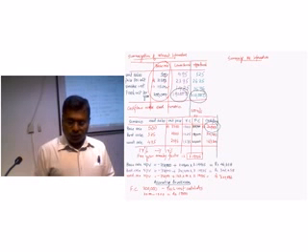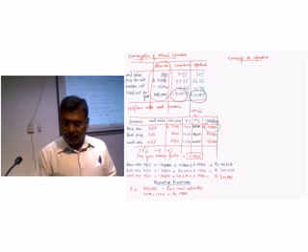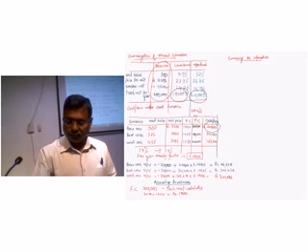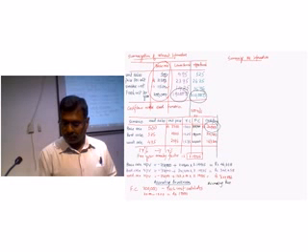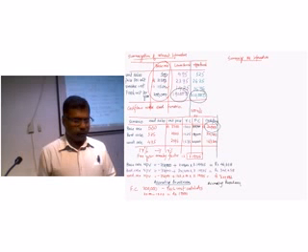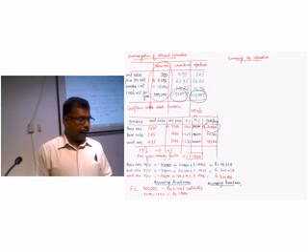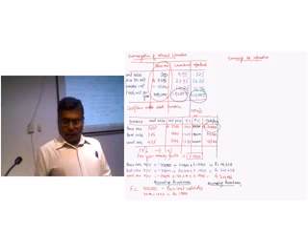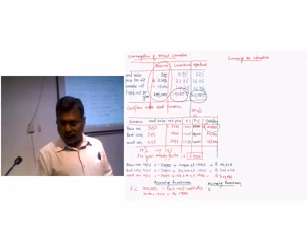The unit sales price in the base case is 2500, minus the variable cost of 1500. So therefore we have 1000 rupees to cover fixed cost.